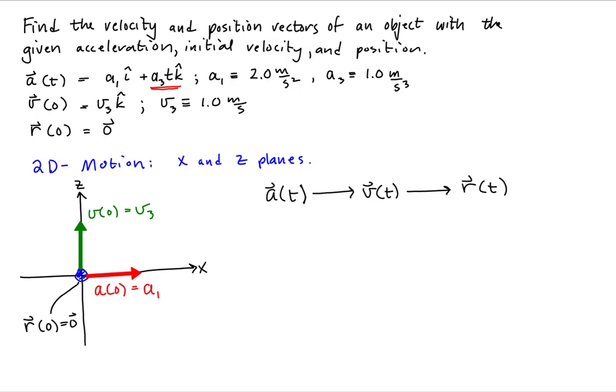The reason we can do this is that if we take the derivative of position with respect to time, we get velocity, and if we take the derivative of velocity with respect to time, we get acceleration.